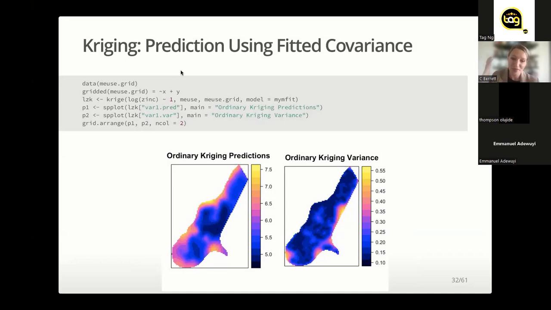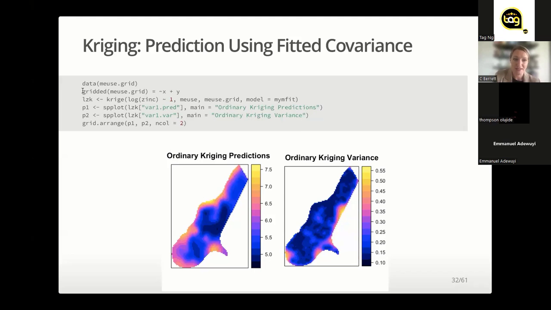All right, the plot, right? We love the maps that we get from geospatial models, and we really love that we get estimates of variance as well. So the sp package has a gridded object already for us to predict onto.